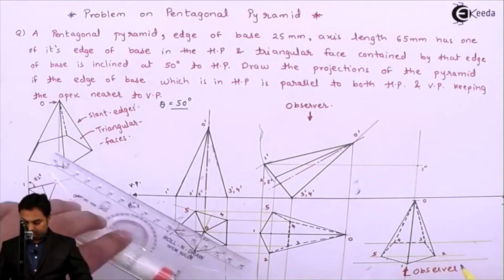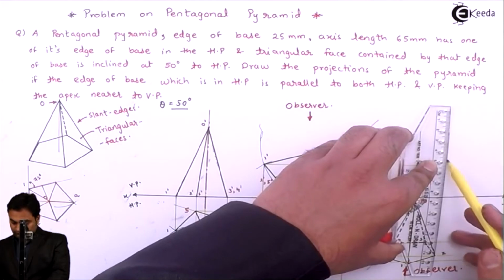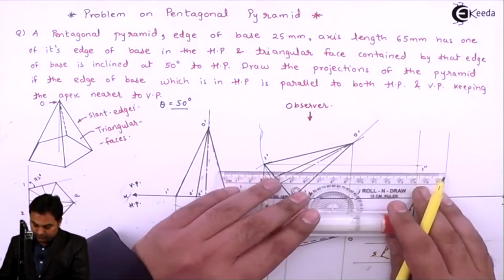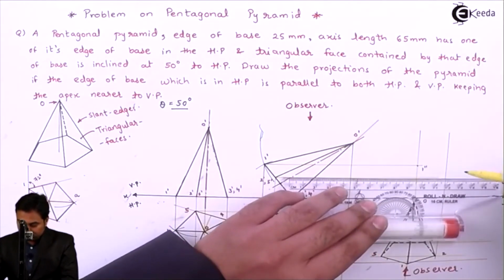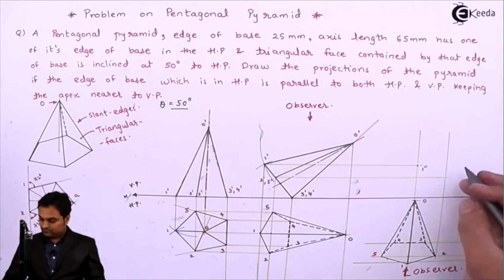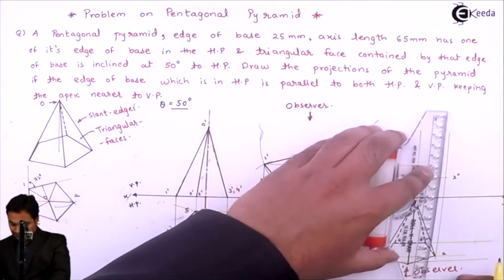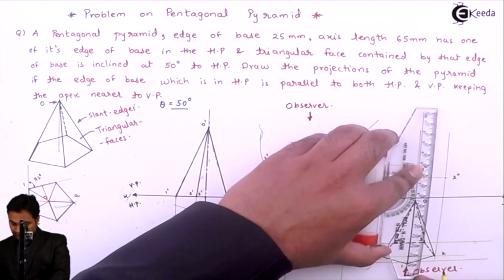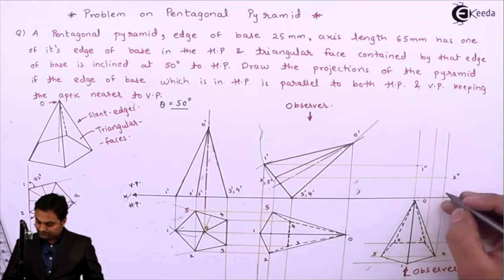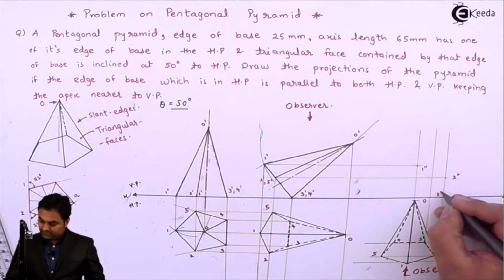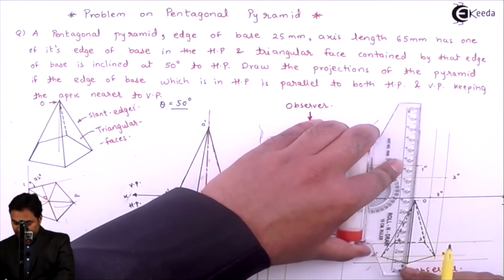Next point second, and here point 2. 2 double dash, then point 3 and 4. Point 3 is on XY line. So here I get 3 double dash, then point 4. Again it is also on XY line.